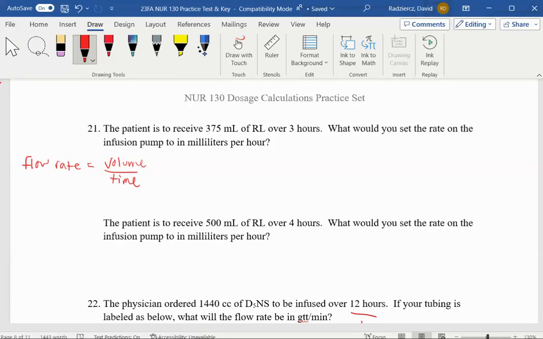And the way you can think about it is if you can chug down a 20 ounce thing of water in 5 minutes, 20 ounces, 5 minutes, now you can calculate that flow rate. You would just need to convert ounces to milliliters and convert time to hours. And then you can get what the standard is for nursing flow rate, which is milliliters per hour.